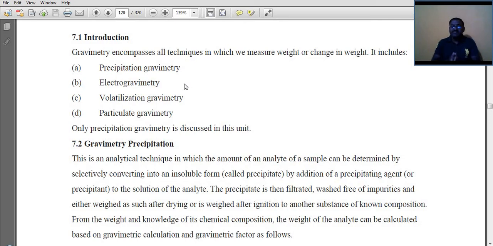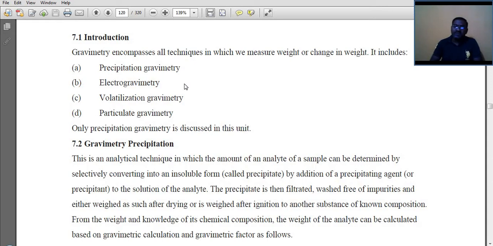Precipitation gravimetry is an analytical technique in which the amount of analyte in a sample can be determined by selectively converting it into an insoluble form by addition of a precipitating agent, meaning precipitant, to the solution of the analyte.